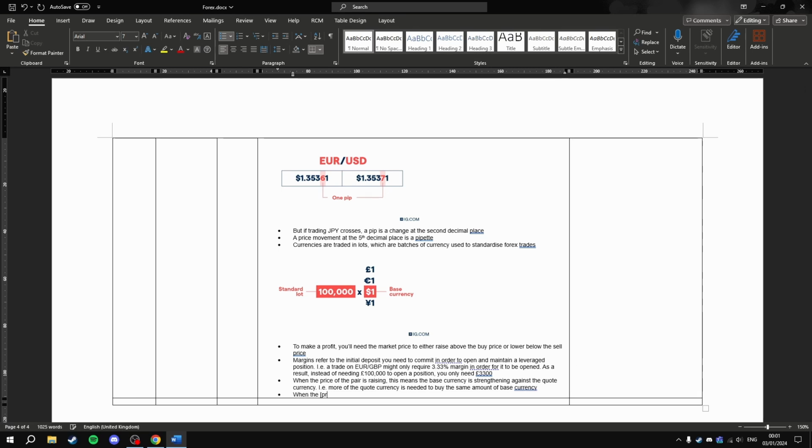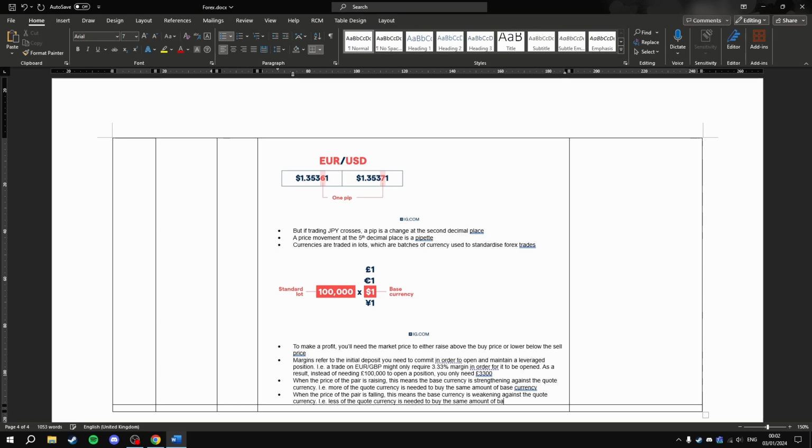When the price of the pair is falling, this means the base currency is weakening against the quote currency, i.e. less of the quote currency is needed to buy the same amount of base currency.